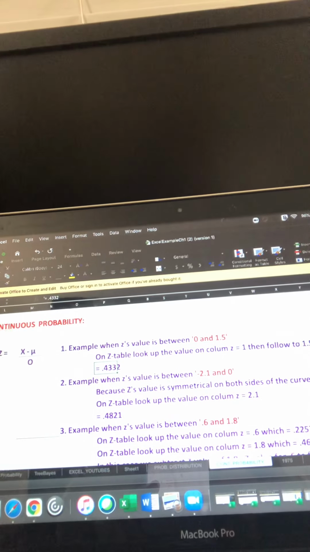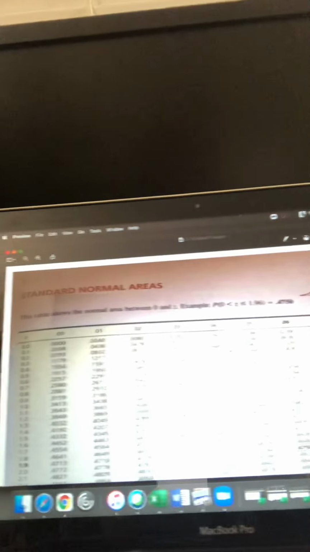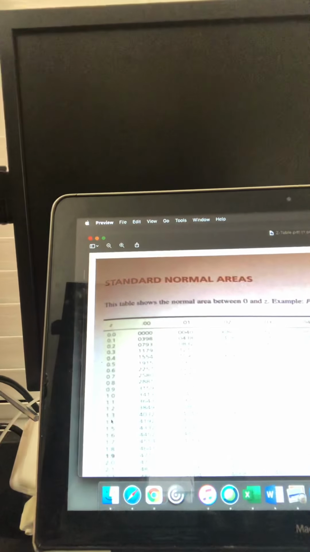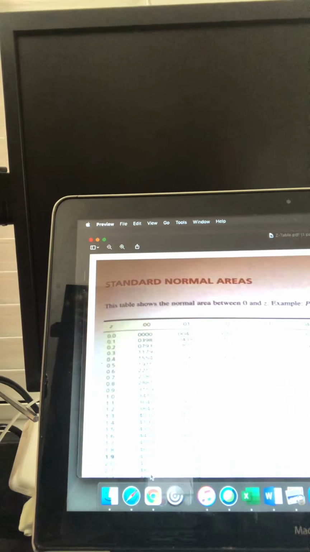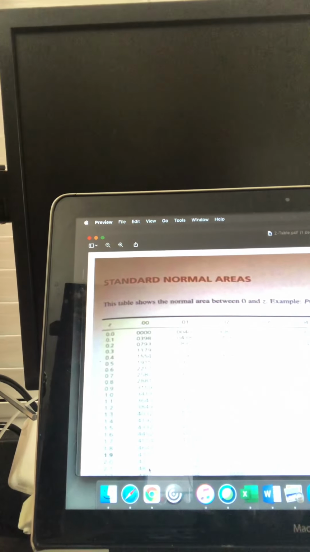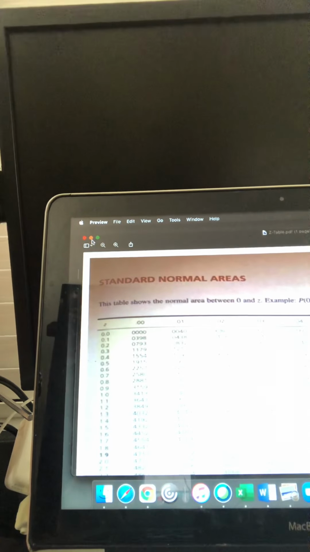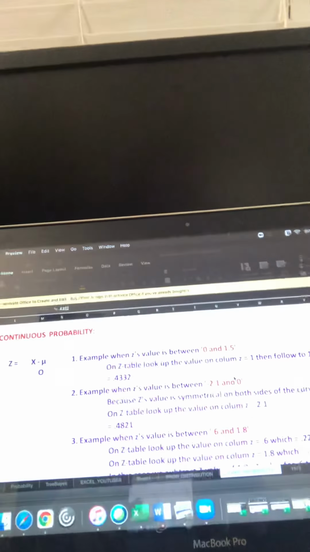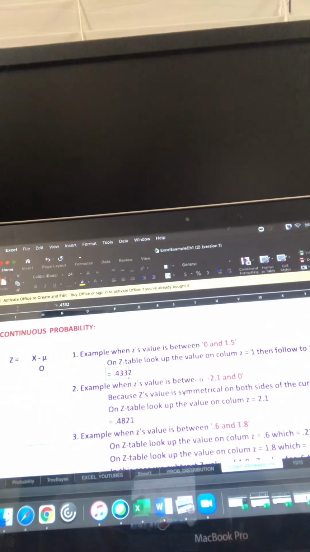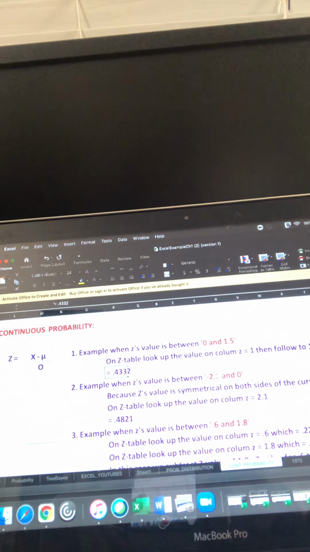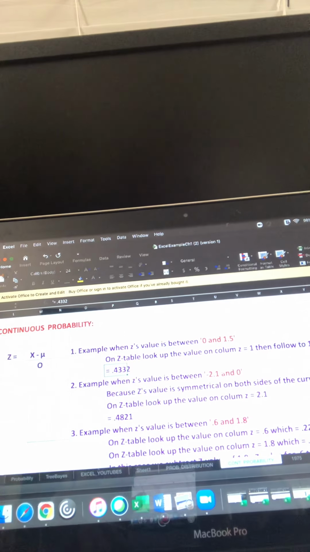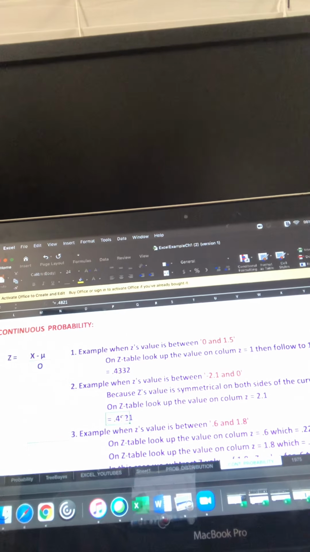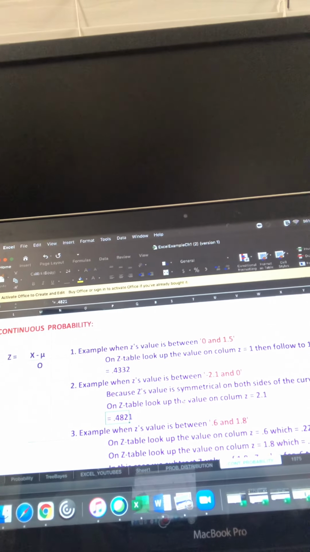So we go to the Z table, look down this column, and look at the value for 2.1, which is 0.4821 right here. In that case, the area between 0 and 2.1, which is the same as the area between 0 and positive 2.1, is going to be 0.4821.